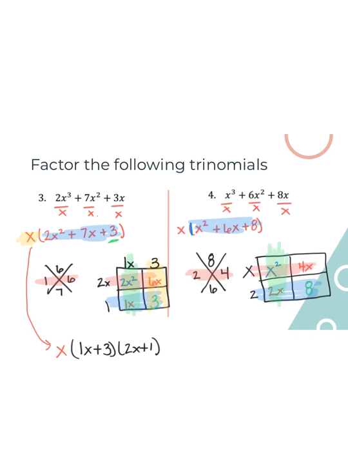X squared and 2x, they both have an x in common. And 4x and 8, they both have a 4 in common. Okay, so I'm going to rewrite those, x plus 4 and x plus 2.